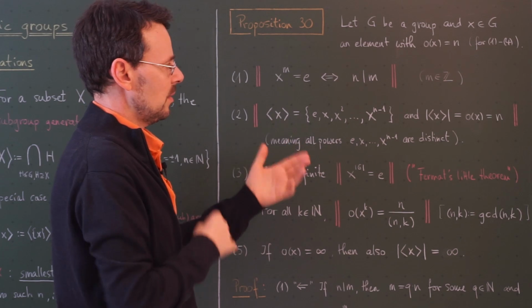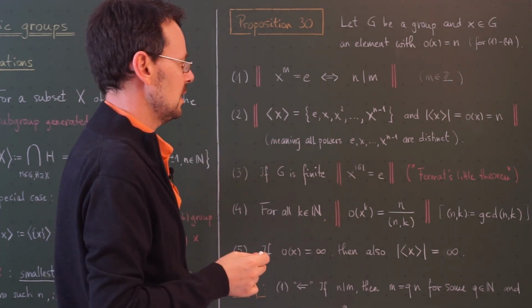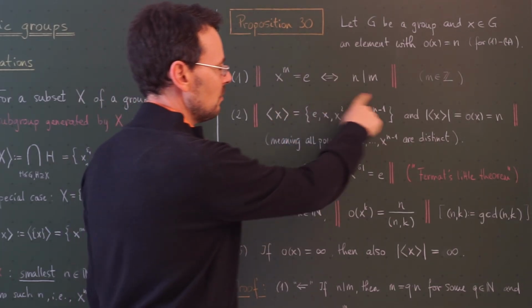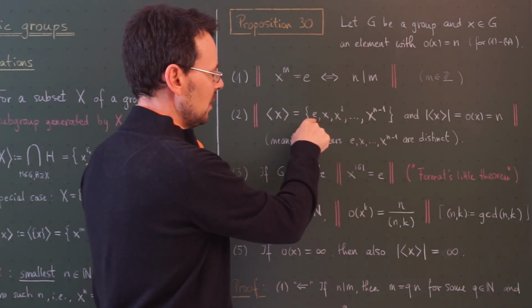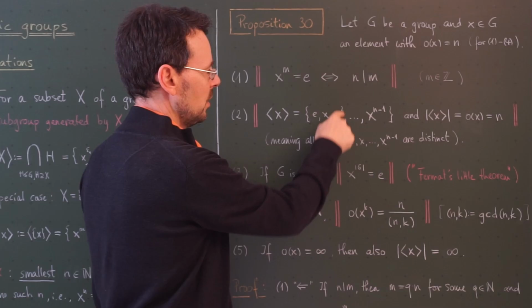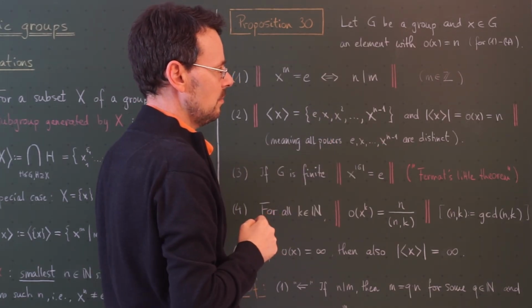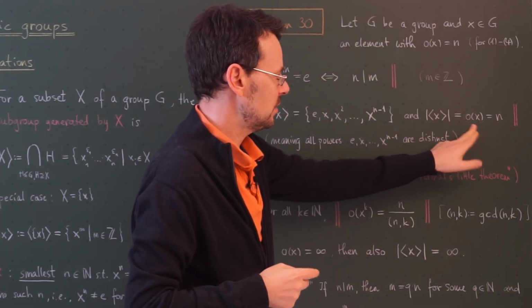So next, we also know this in concrete examples. The cyclic subgroup generated by x consists of all these powers here, from the identity, then x to the 1, x squared, and so on, up until x to the n minus 1. And this is an additional assertion.